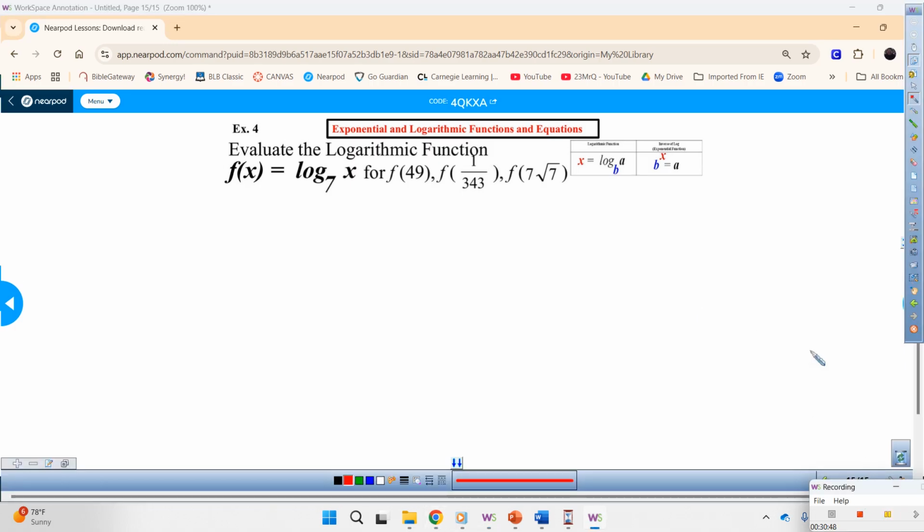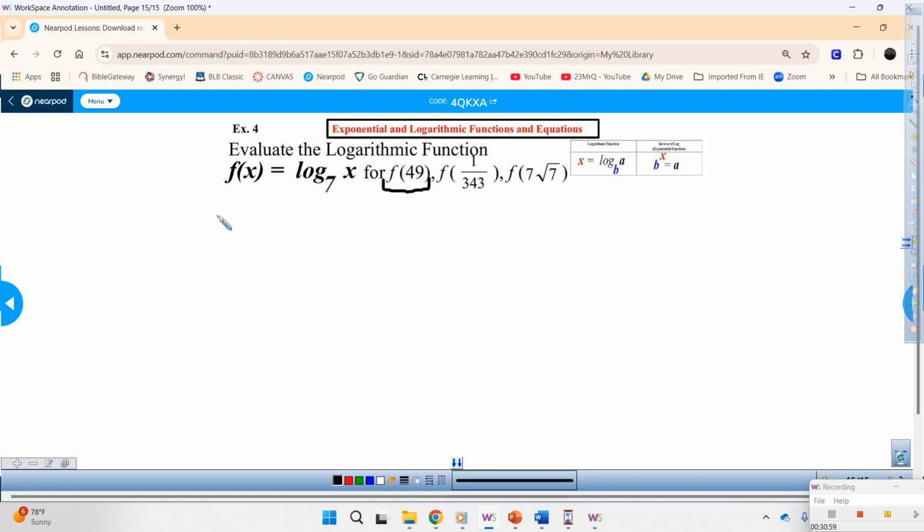All right, we good? All right, here we go. First things first, I'm going to do the first part, which is substituting 49 for x. So that means we're going to rewrite this, but instead of x, what am I going to substitute in there? 49.